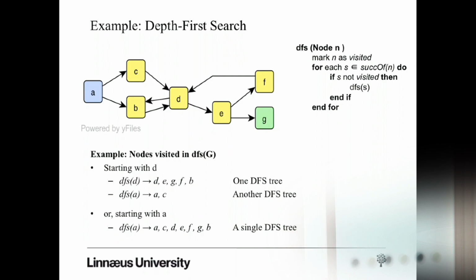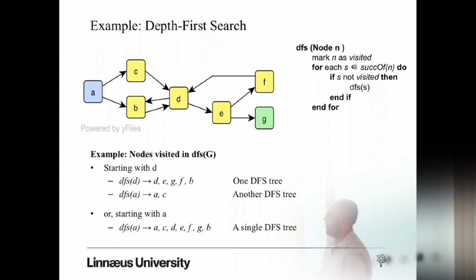So it means that if you are using a depth first search algorithm on a directed graph, then there is no guarantee that you will be able to visit all the nodes. If you want to visit all the nodes, then maybe you have to call that method again on some different node until you have visited all the nodes in that graph.